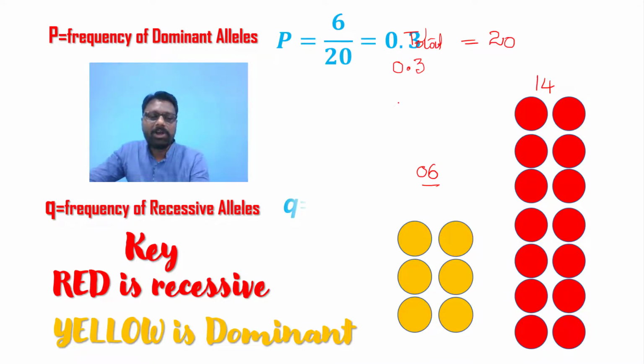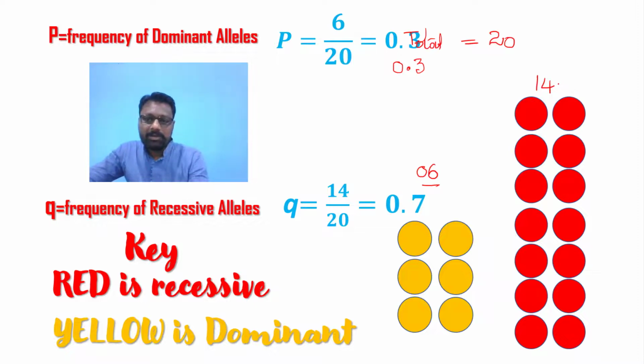Similarly, Q is equal to the total number of recessive alleles, 14, divided by 20, which comes to 0.7, the frequency of the recessive allele in the population.